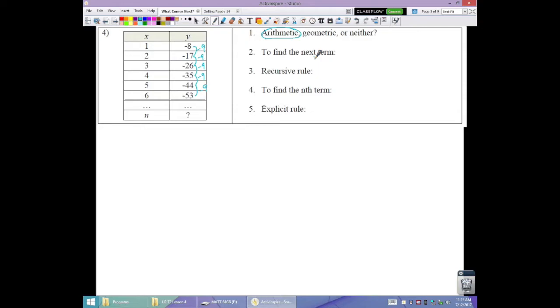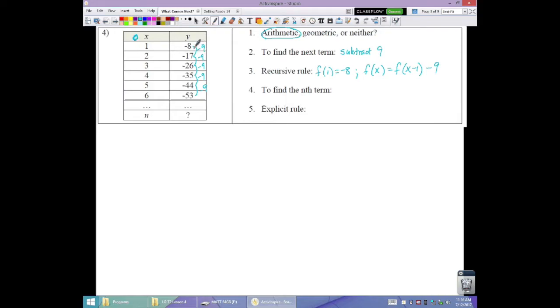To get the next term, you subtract 9 or add negative 9 if you prefer. The recursive rule, we would say start with negative 8, and then to get each new term, take the last term and subtract 9. To find the nth term, well, to do that, I need the 0th.